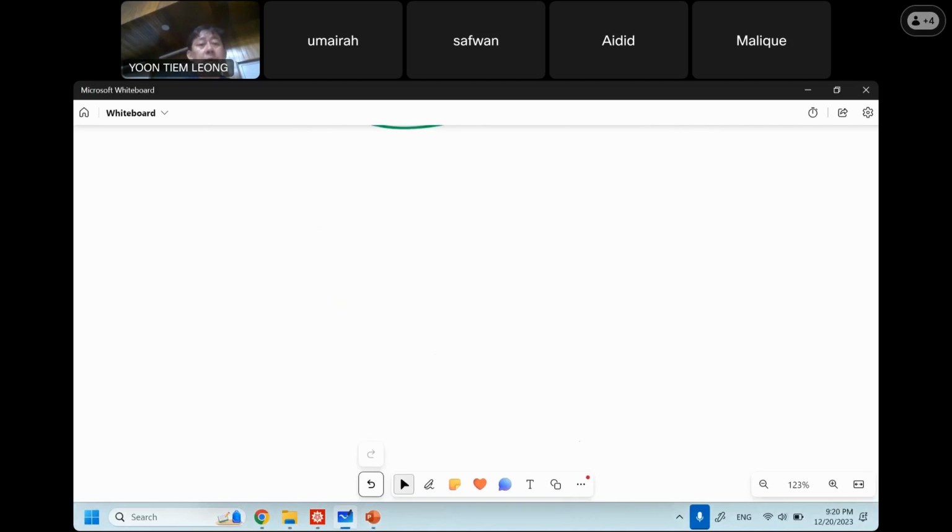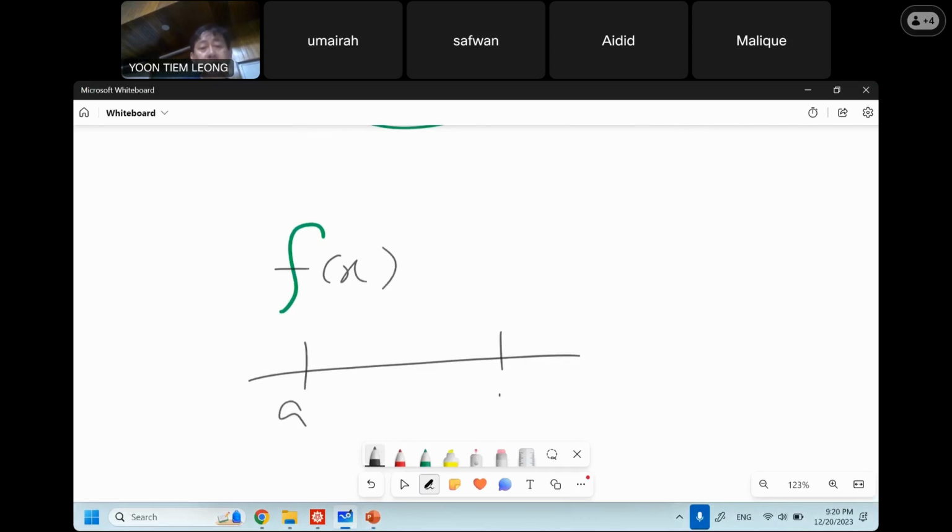Okay, so here I have a function that is integrable between the subintervals of a and b, and the function is continuous.